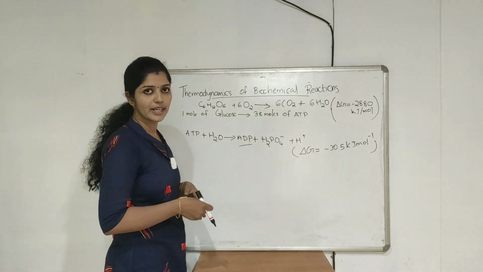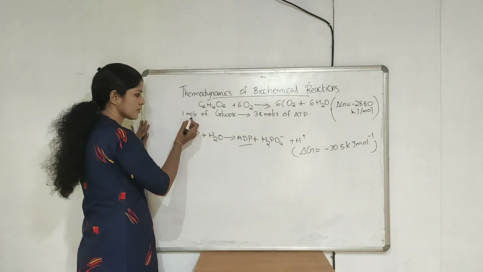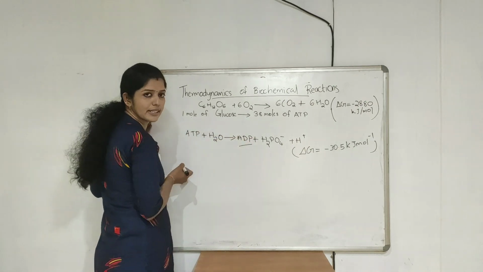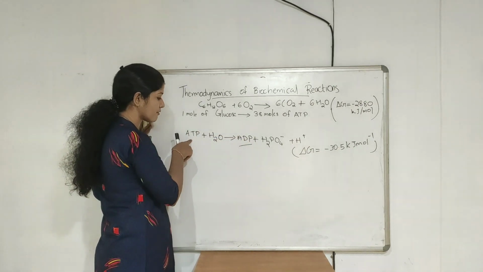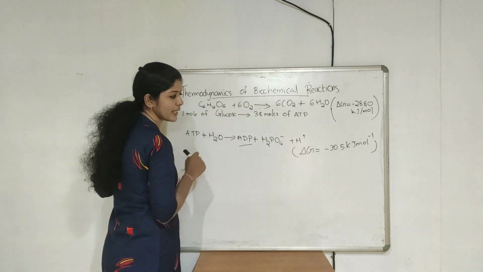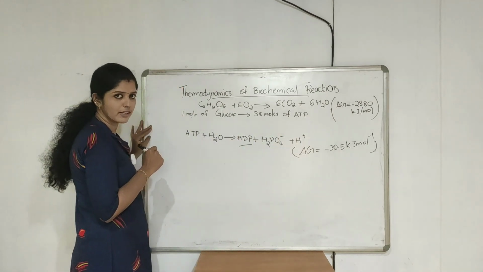Neglect the negative sign, only consider the value. Now, for 1 mole of glucose you will get 38 moles of ATP, and from 1 mole of ATP you will get 30.5 kilojoules per mole of energy.